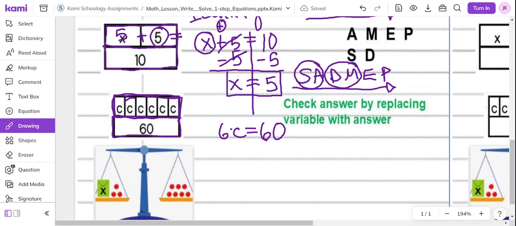So if we knew what the input number was, something times 6 equals 60. If you don't know what that something is, then we need to do inverses. What's the opposite of multiplying by 6? So I'm putting in a line down through the equal sign on purpose. If we divide by 6 on the left side, we go to the other side and divide by 6. We can represent division with a fraction. 6 divided by 6 is 1. So we have 1c, and that is equal to 10.